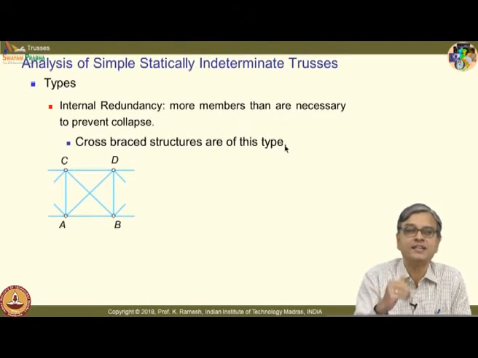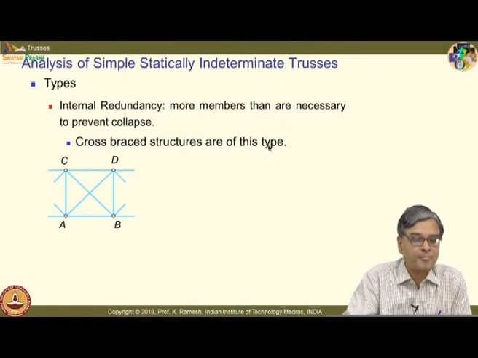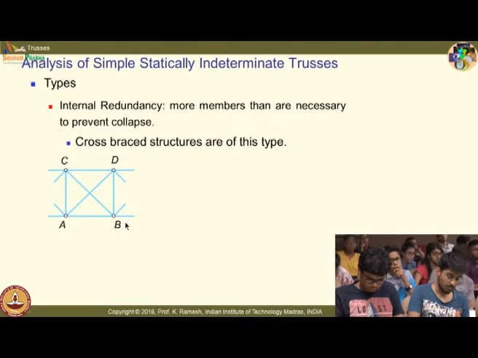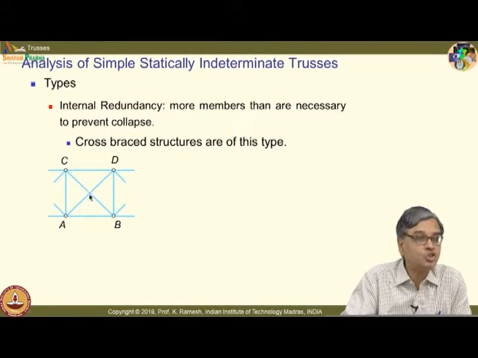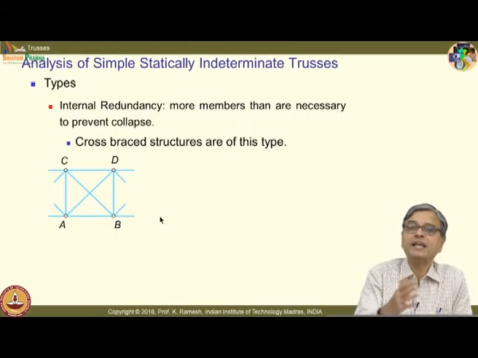You had seen this in the first class when we discussed how trusses are constructed. So, I have cross braced structures, and you should see clearly that there is no circle put here. So, the member is continuous, they are not joined here.